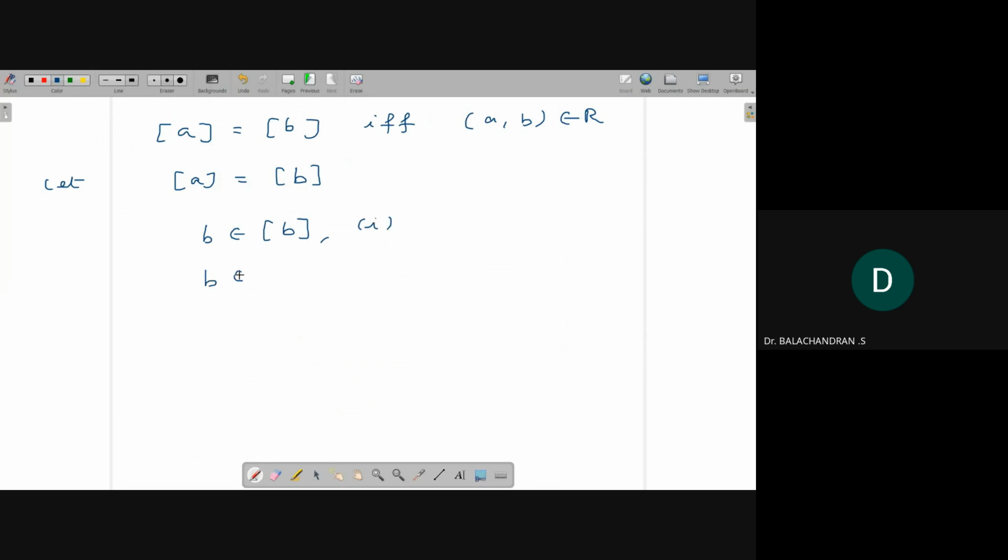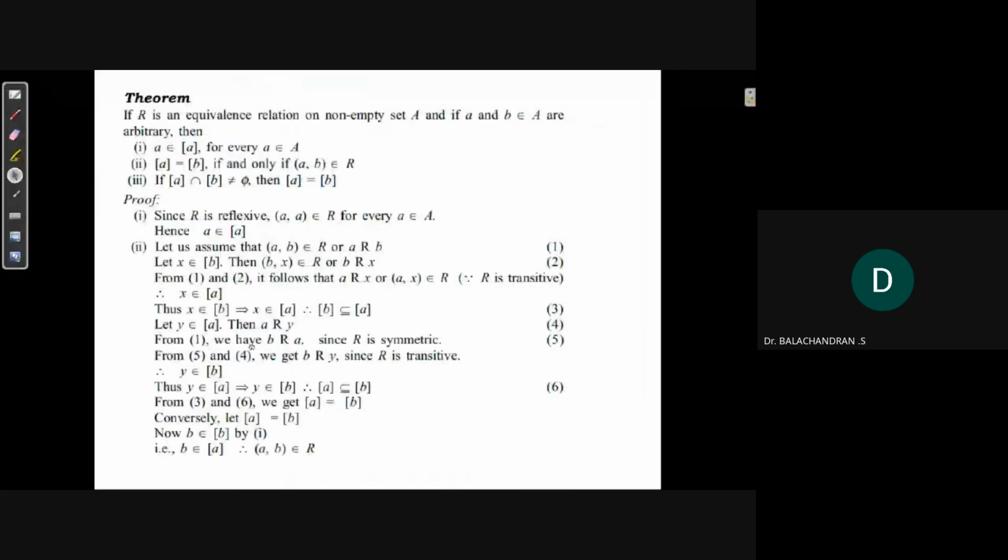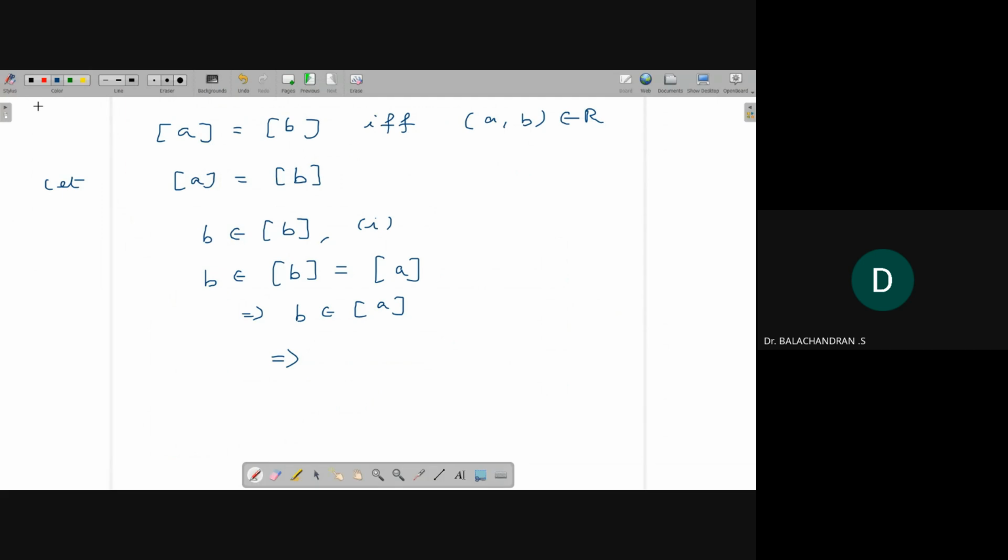But we know that the equivalence class of B is the same as the equivalence class of A. So this implies B is an element of the equivalence class of A. If B is an element of the equivalence class of A, then you can write (A, B) in R, because by definition the second element is an element of R of the first element, or the equivalence class of the first element.